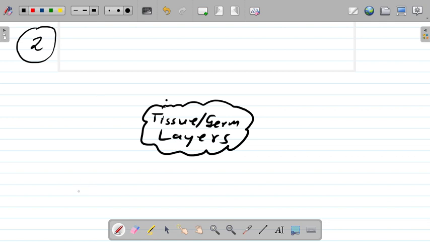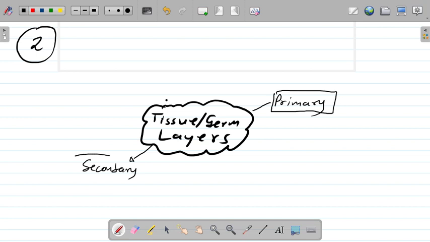Now, what are these germ layers that we speak of? We have the primary germ layers and we have the secondary germ layer. So there are only three of them. The two primary germ layers are what I call the E layers.